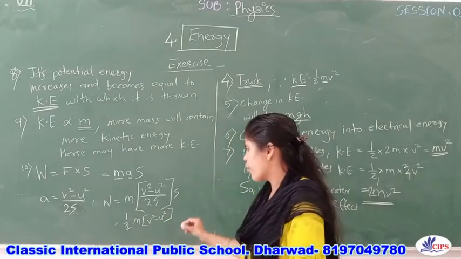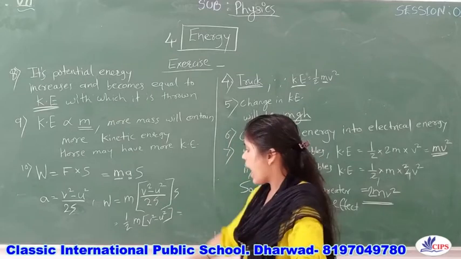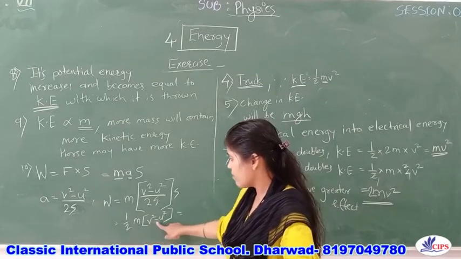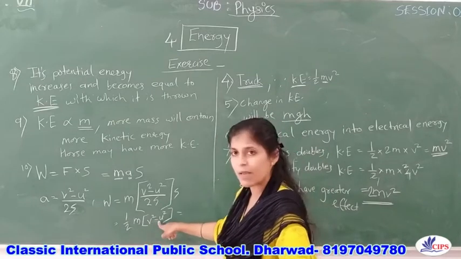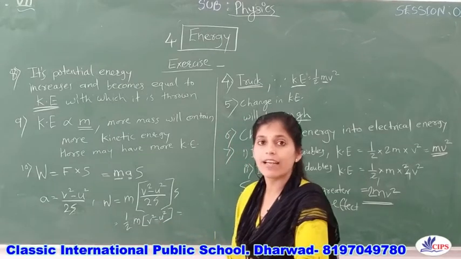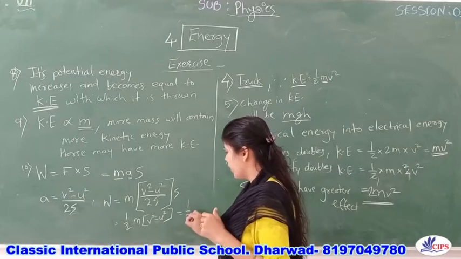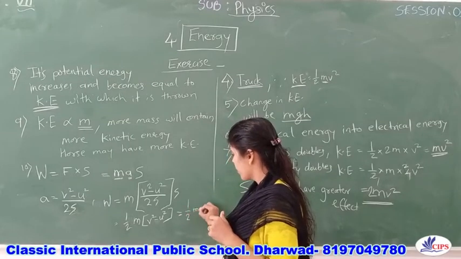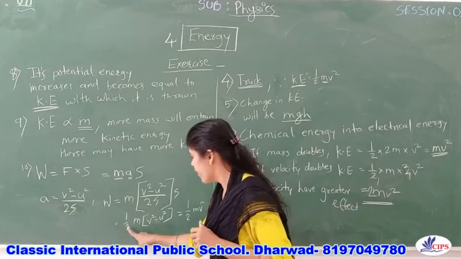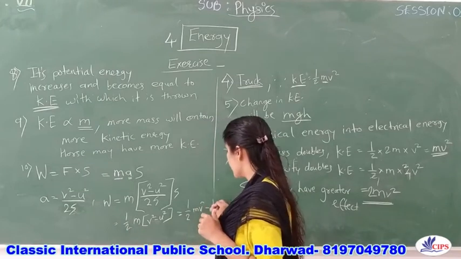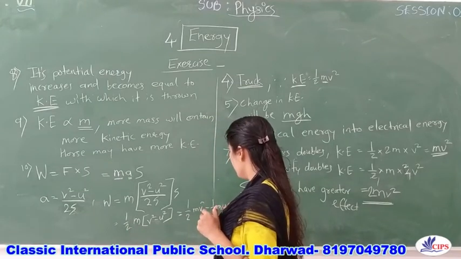What can you say from this statement? It will be half m times the difference between both of them. If I want to write specifically, that will be half mv square minus half mu square. That will be equal to half mv square minus half mu square.